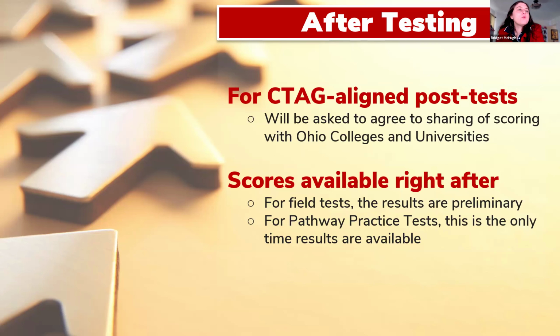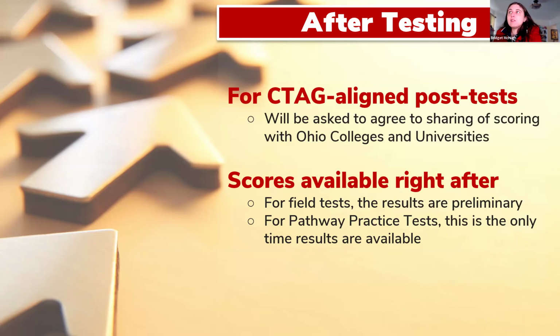The other situation is that if it is a field test, they are going to see a preliminary score, because again, they are taking all of the test questions that are in field testing. They will get their final score once we have used that field test data to only score them on the best test questions in terms of validity and appropriate levels of difficulty.